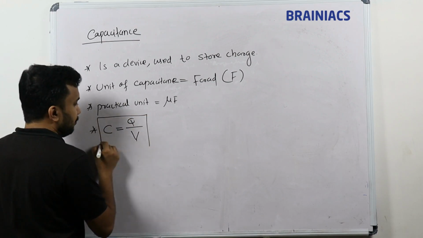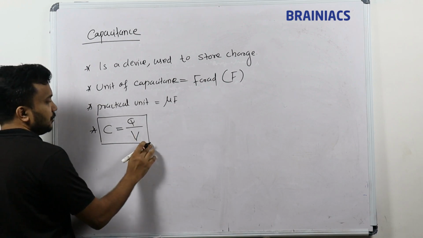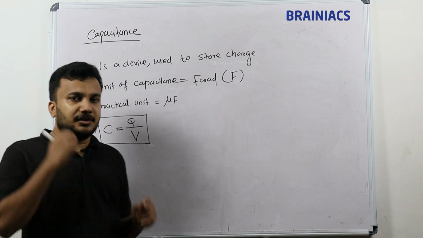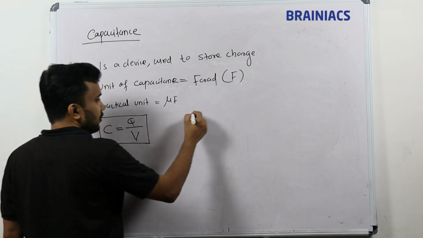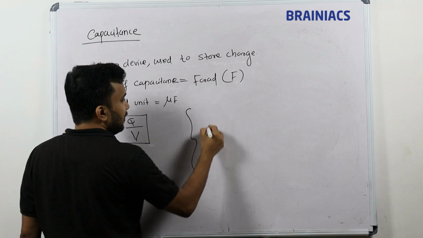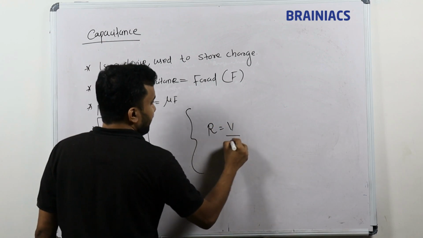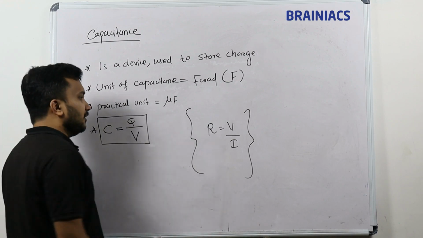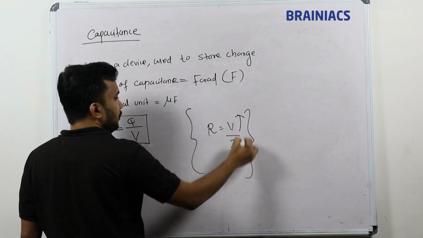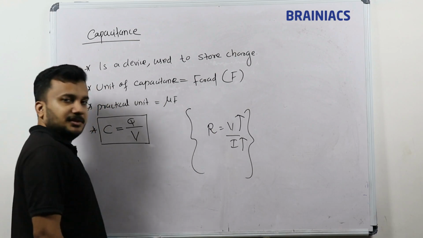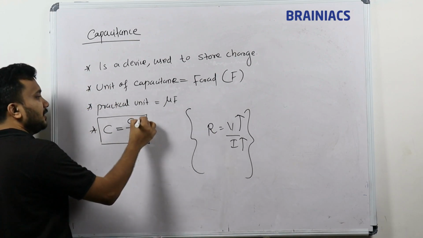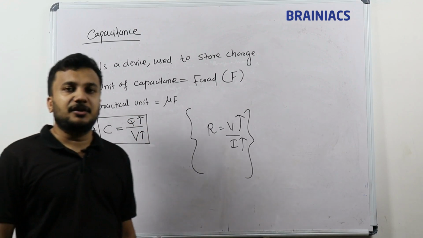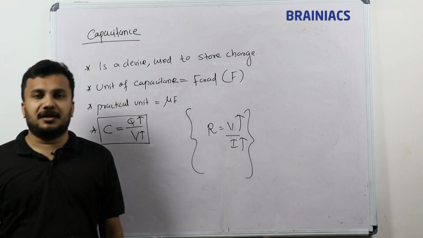This equation is very important: C is equal to Q divided by V. This is similar to our resistance equation, R is equal to V by I. Why I am saying similar: for a conductor, if you increase voltage, current will also increase. In the same way, for a conductor, if you increase charge, then voltage will also increase proportionally, because voltage is equal to KQ by R.